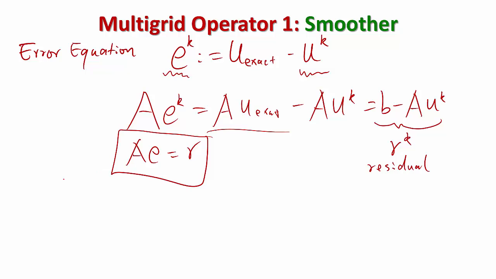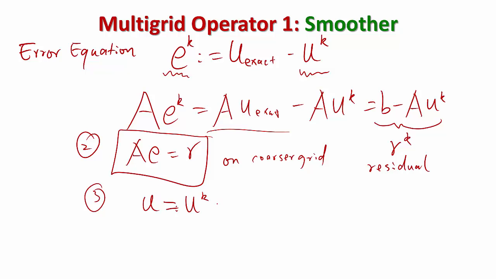So let me summarize. Operation 1 is the smoother. That gives me an error, an EK, that is smooth. Okay? And the second step is to solve A E equal to R on the coarse grid. Third step is my U is equal to UK plus this E, right?